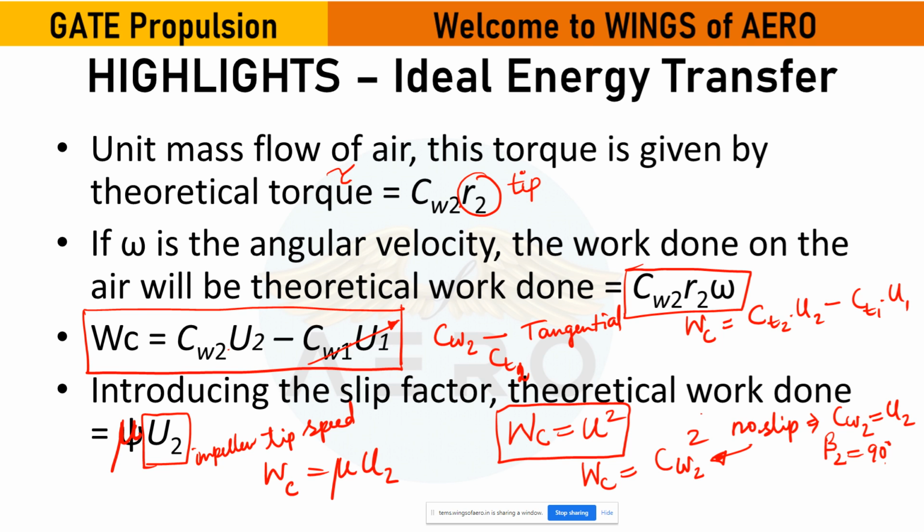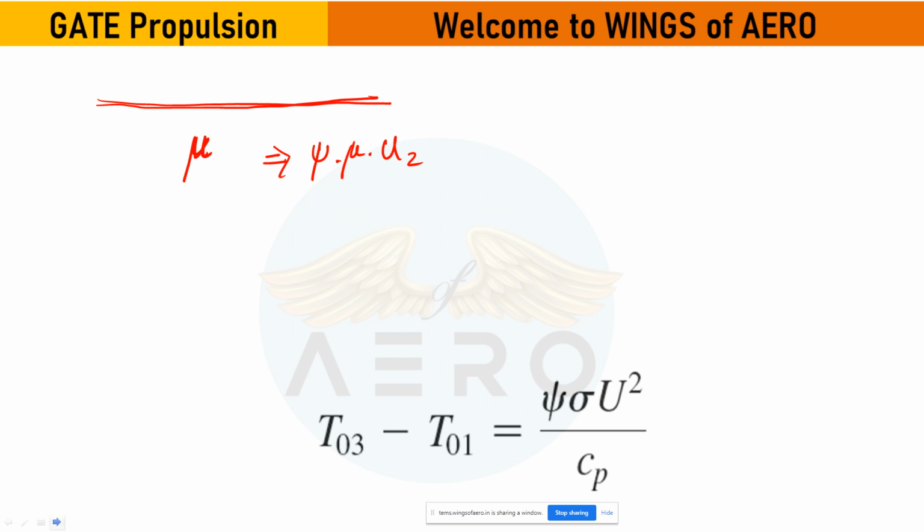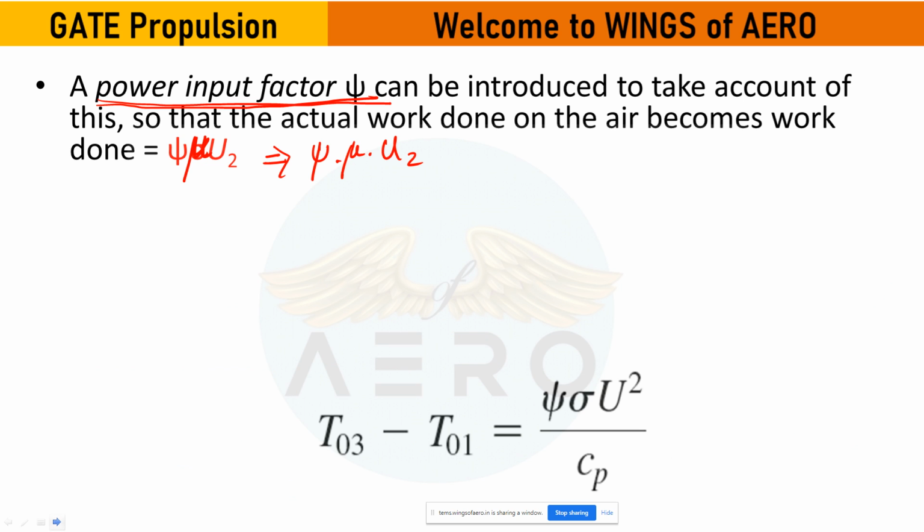This is a general equation. Now again, if the slip factor is considered, we just implement the slip factor mu into U2. Now another factor is added, that is the power input factor.